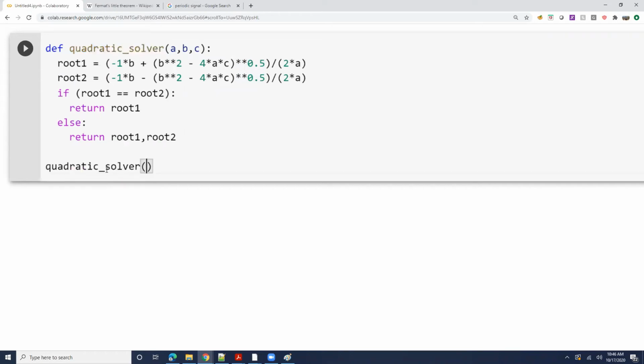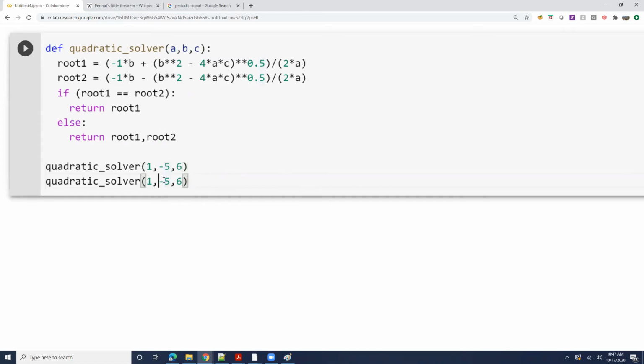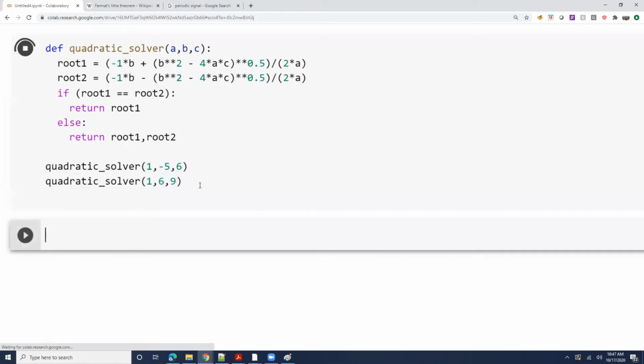So anybody who knows some quadratic equation with an answer? I just like to put that -1 times x square plus 6x plus 9. Okay, so we'll try those two solvers. The first one should give 2 and 3 as the answer. The second one should give -3 as the answer, right?